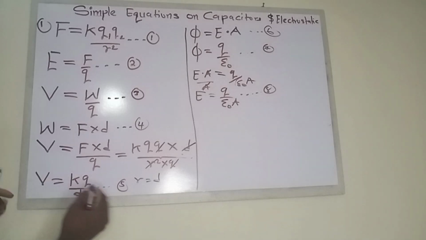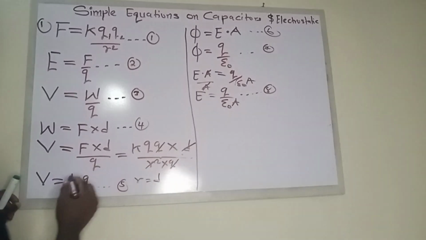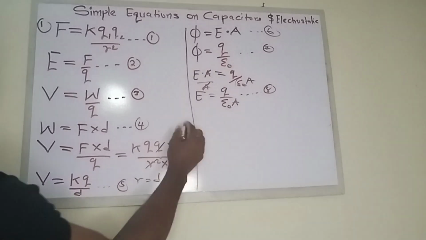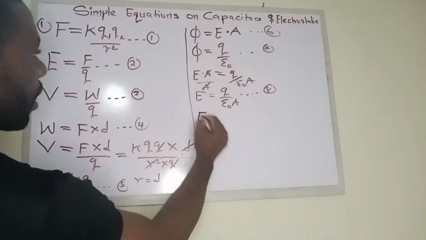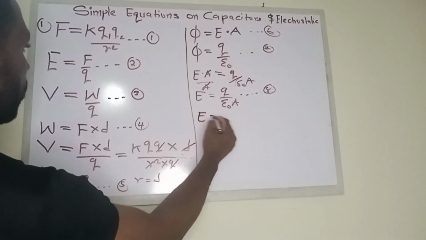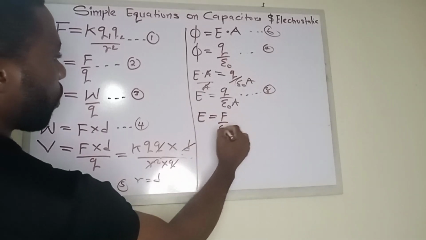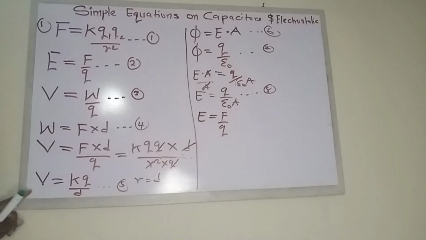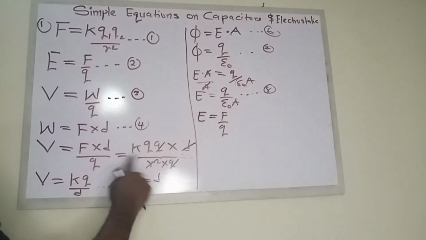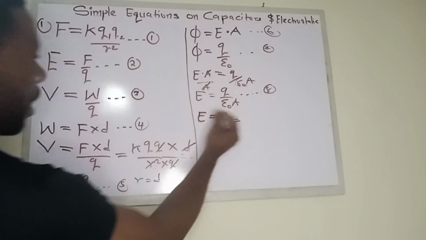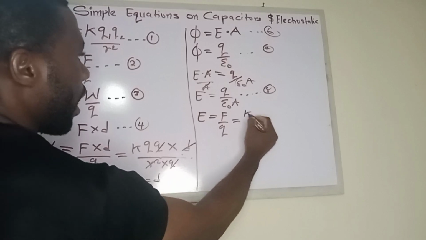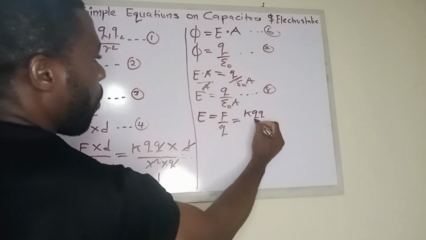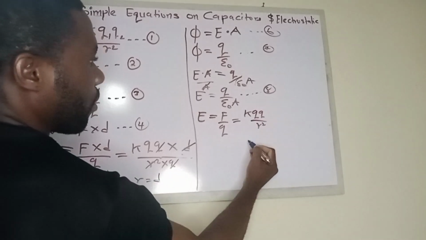When we take equation 2, we have E is equal to force over Q. We have the same force here, which is KQ over R squared.